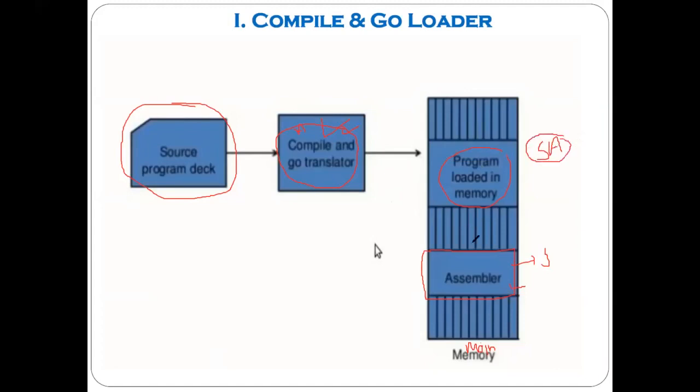Now what do you think, what can be the disadvantage of having the assembler itself in the main memory? Main memory is which kind of memory? As compared with the secondary memory, what is the difference between the main memory and the secondary memory?